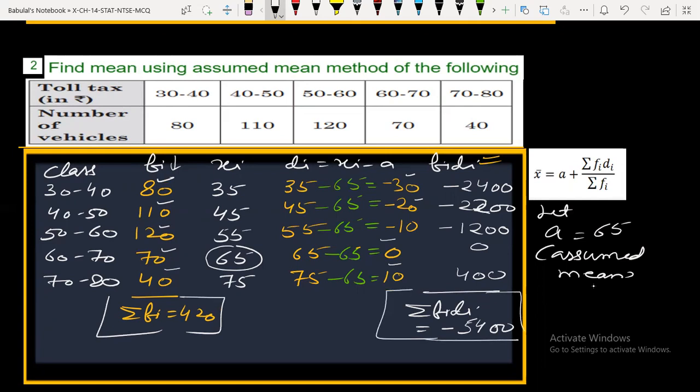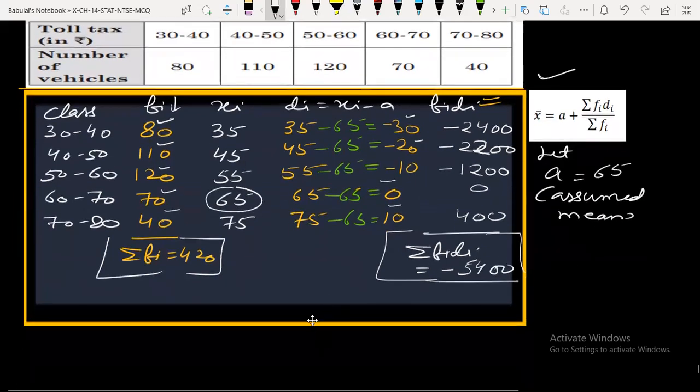You have got the sum of all frequencies, you have got the sum of all the product of f and d, and then you apply the formula for the assumed mean method. That is the formula for this, and apply the formula here, student.